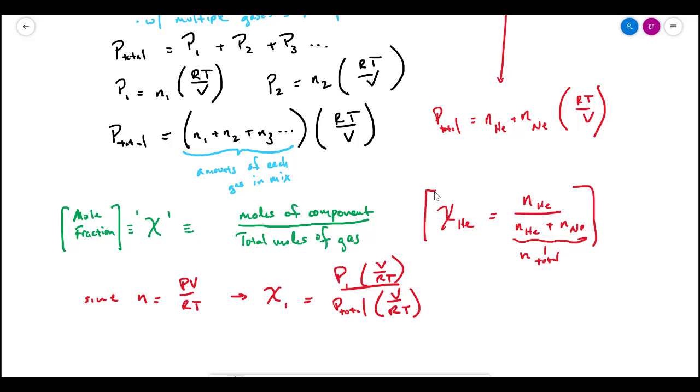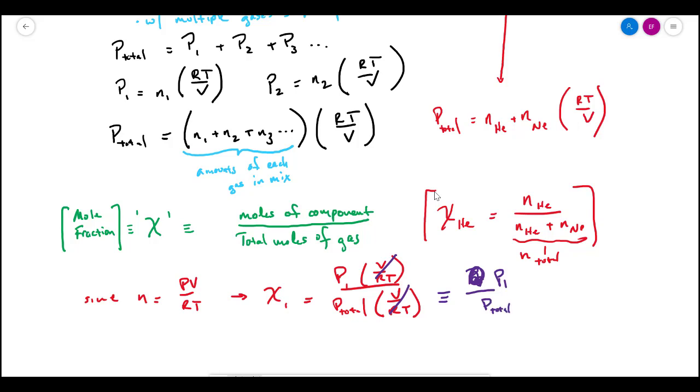V over RT is the same in both because it's the same system, so this falls apart. And this really is just another way of equating the mole fraction to be the pressure of 1 divided by the total pressure.